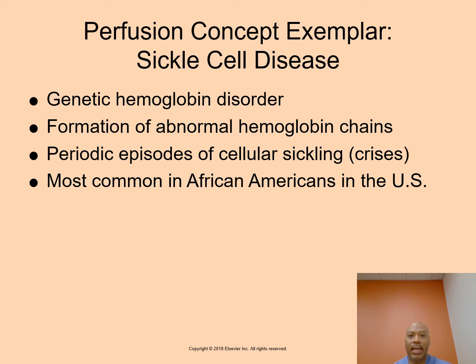Now, over time, the cell membranes of these red blood cells are damaged and they become permanently sickled. These cells, the hemoglobin S cells, are more fragile and they are easily broken cells.